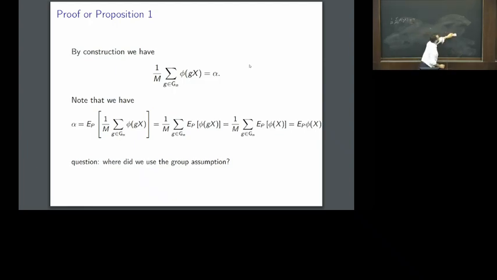But that's the standard phrasing of the proof. So once I have that, this is a constant, so I can just take expectations. The expectation goes through the sum.